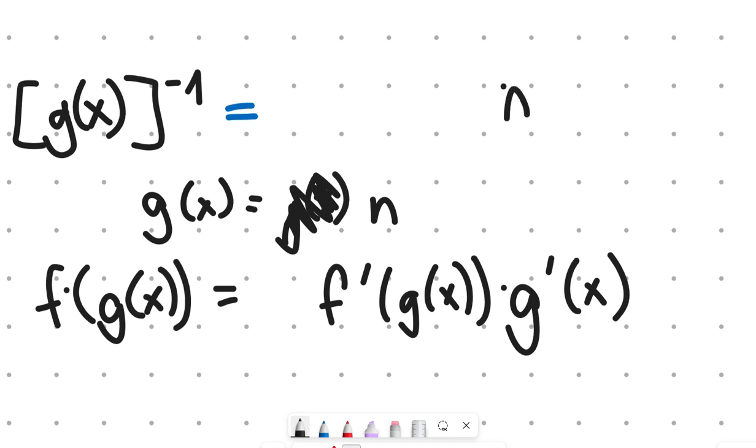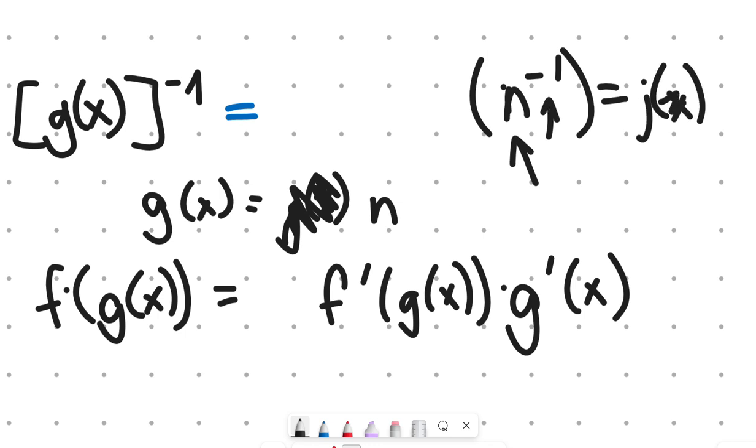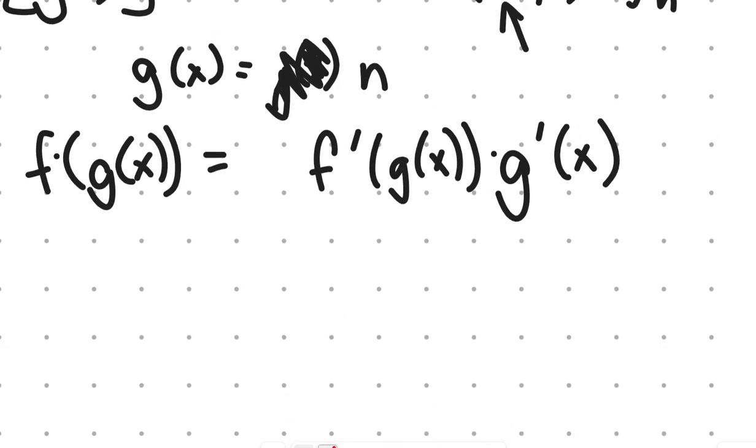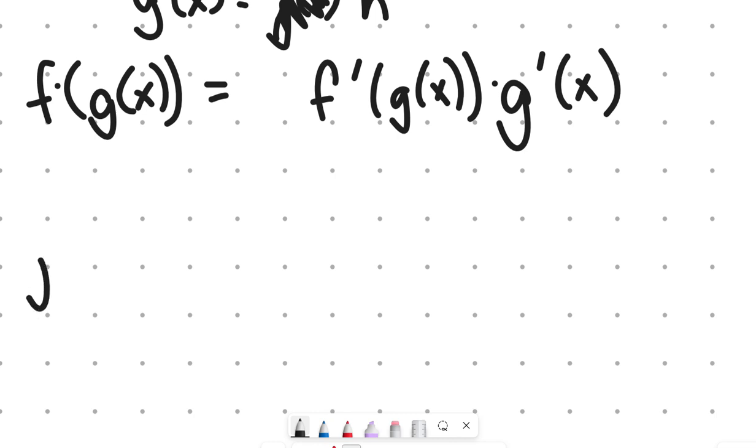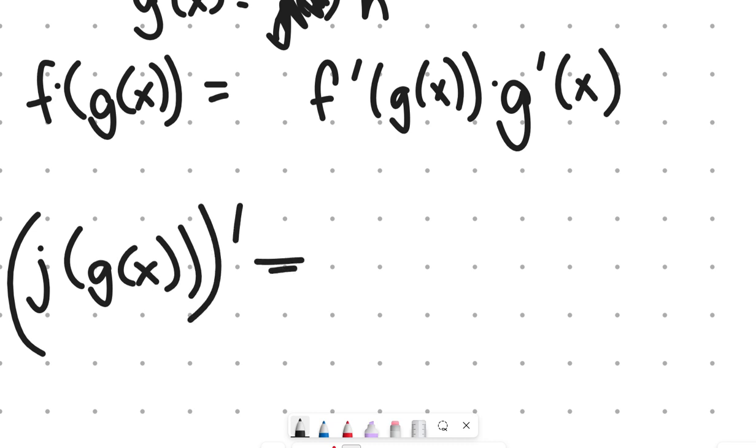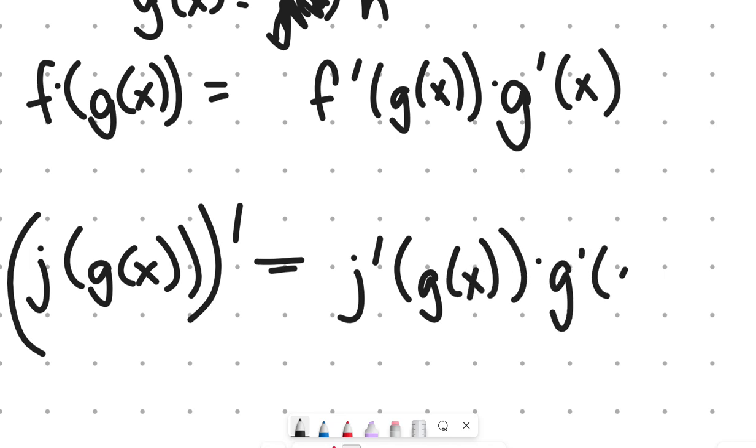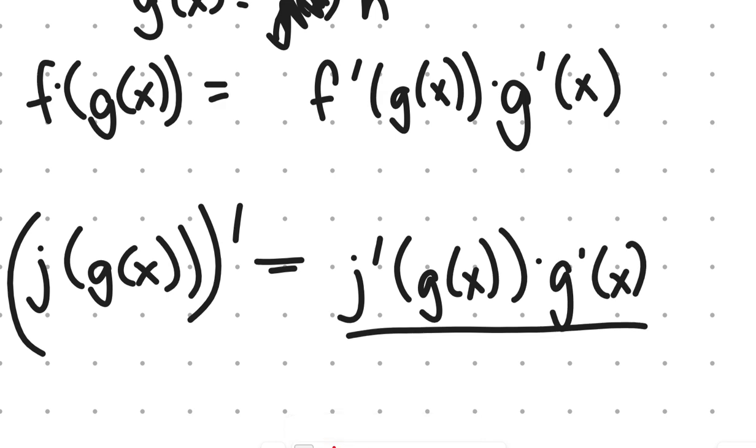So it will be n to the negative 1, and we'll let this be equal to j of n, I'm sorry. Now what was n? n was the same thing as g of x, so we'll have j of g of x, and we're going to take the derivative, so it will be j prime of g of x times g prime of x. So we have to take into consideration this rule.